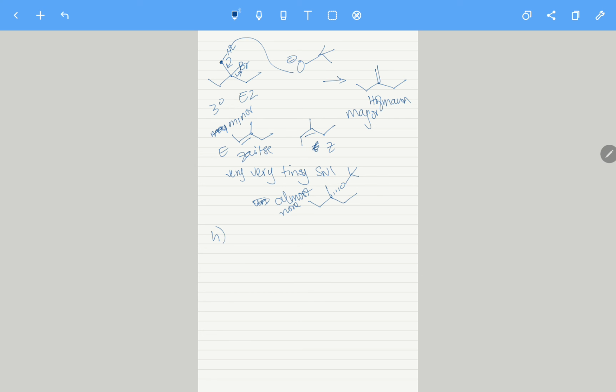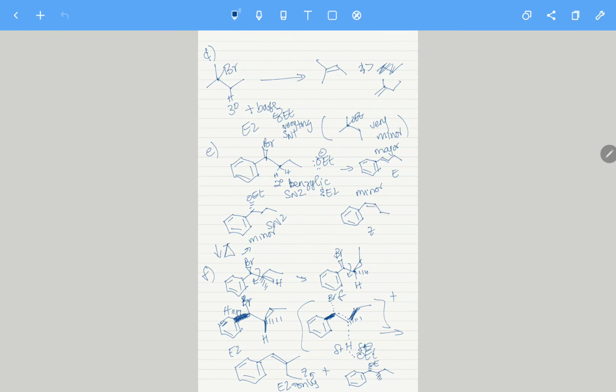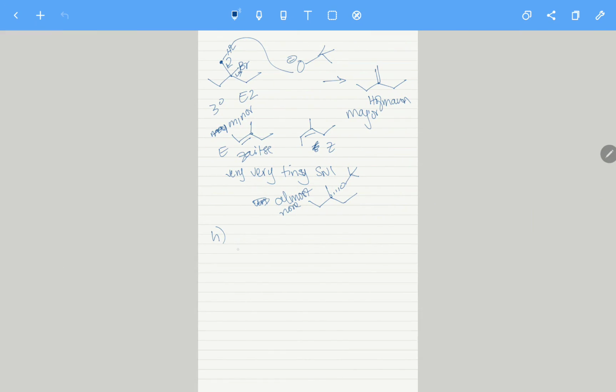And then H, we have the same kind of structure, except we don't have a big base. So again, we'll still get a little bit of this, plus it's an enantiomer. But again, it's very tiny, almost insignificant. We'll get the same thing down here, but again, very insignificant.